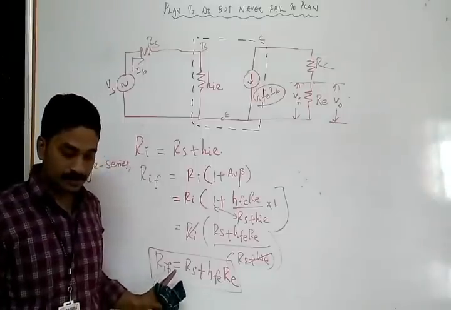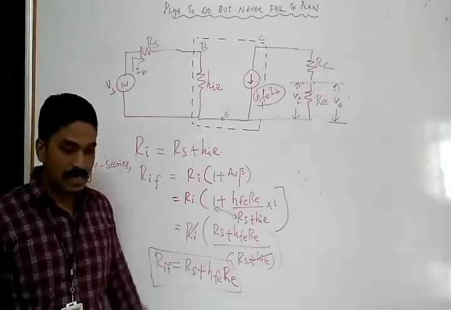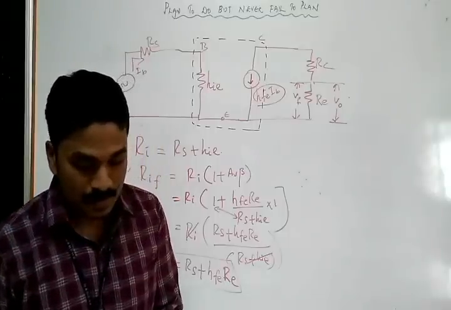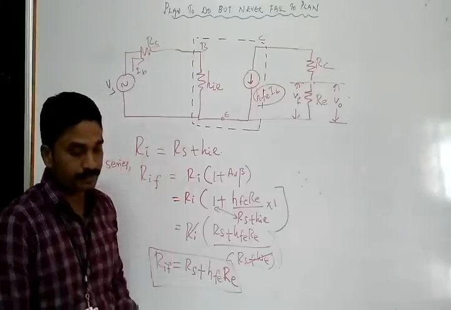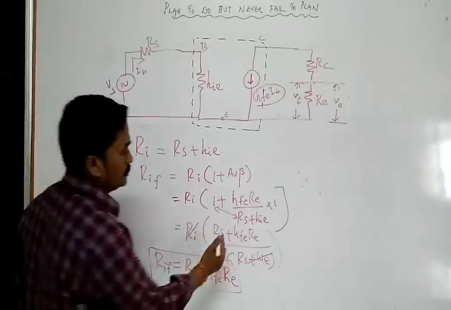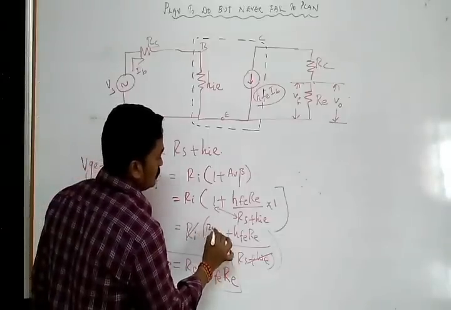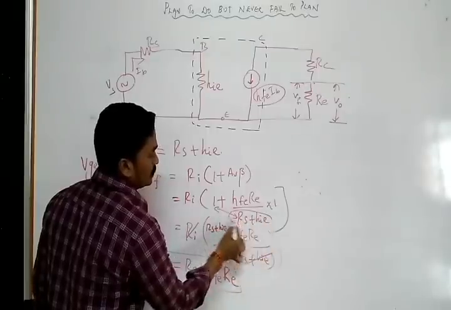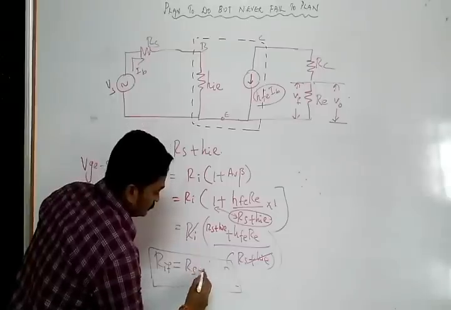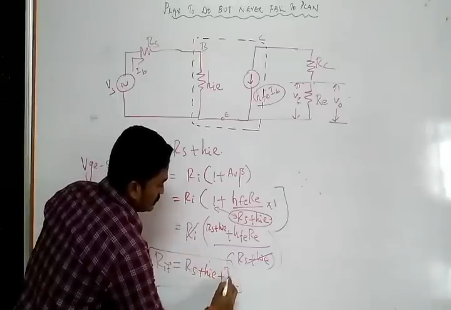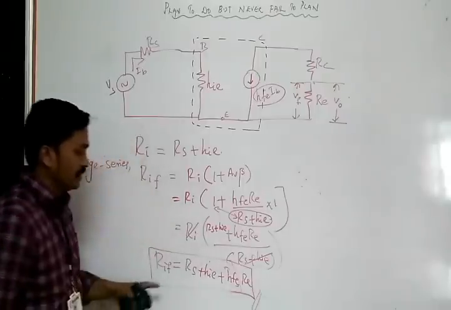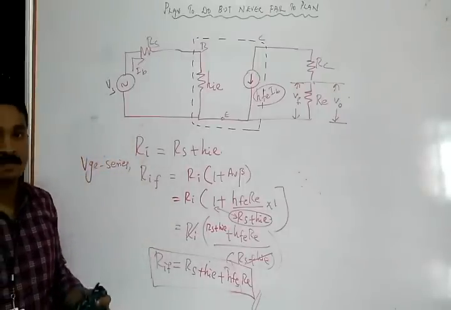So RIF equals Rs plus HFE Re. So here, because of this cross multiplication, it is Rs plus HIE plus HFE Re. This is your input resistance of the feedback amplifier.